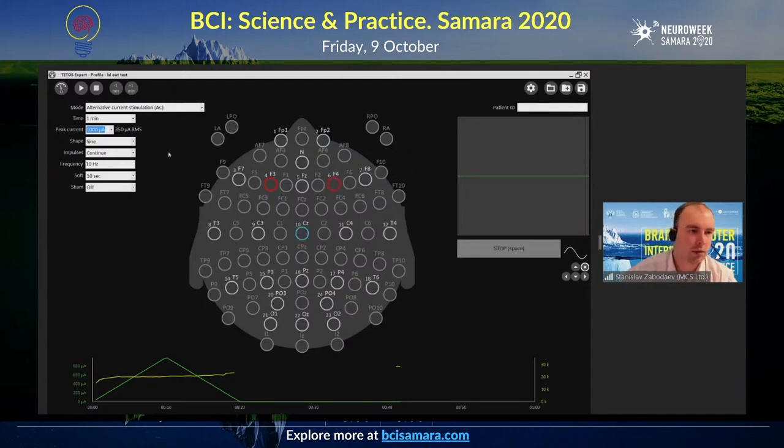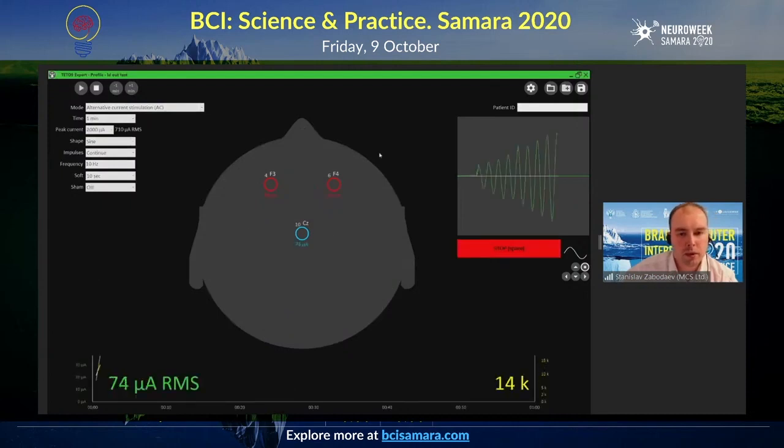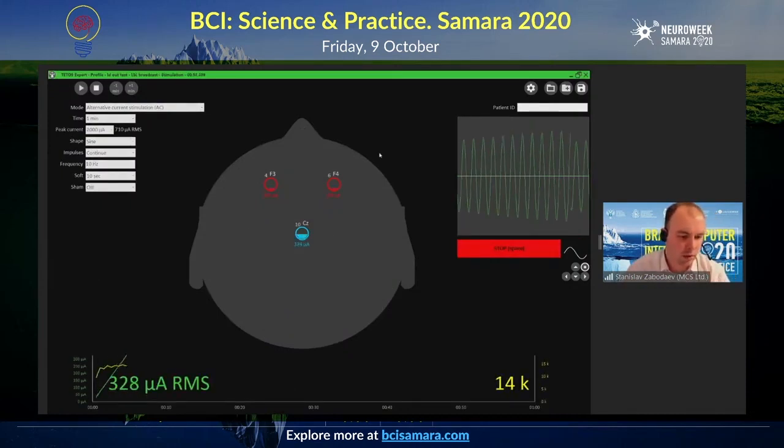So F3, F4 anode, CZ is a cathodes. So sine 10 hertz. Let's say I set time at 1 minute. So that is how it will be visually represented.